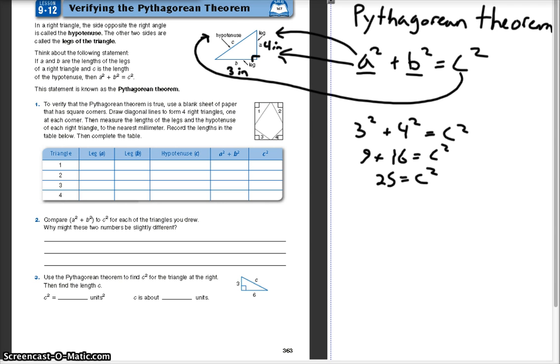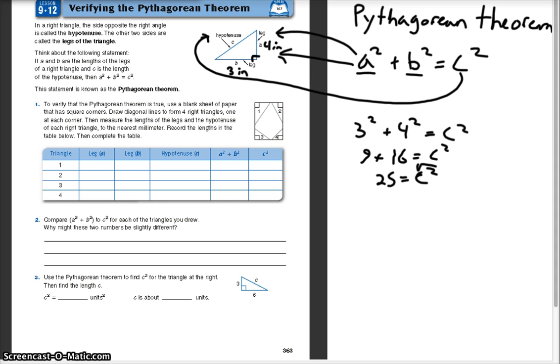So now, with our algebra, remember how we always want to do the opposite. We're trying to solve for c, and we have to do the opposite operation to cancel out whatever's attached to c. Like if we had 2c, we would divide by 2. Now here we have c squared, and the opposite of squaring is the square root.